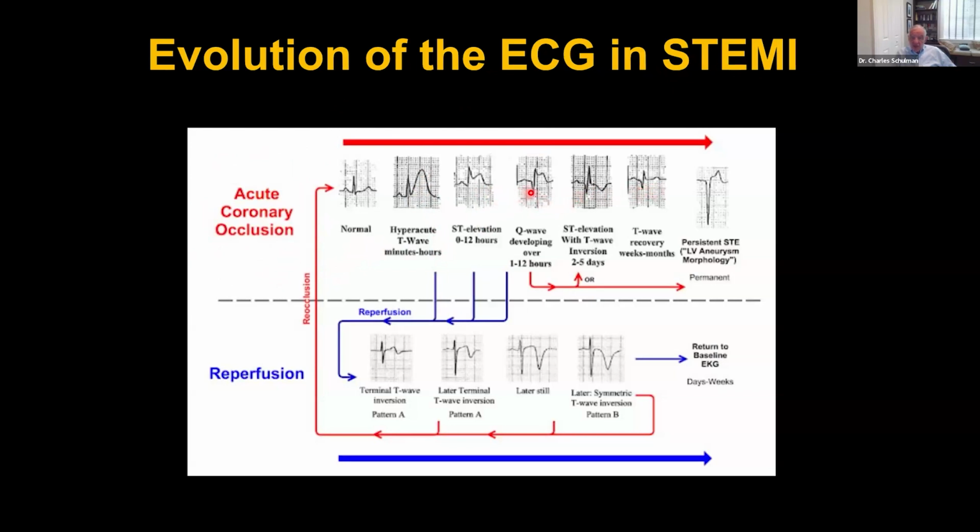This takes place over hours, and this takes place over days. And we used to see this before the days of revascularization. Today, when patients are revascularized at this point, what you see after that are these T wave inversions, which are reperfusion T waves in the appropriate leads.